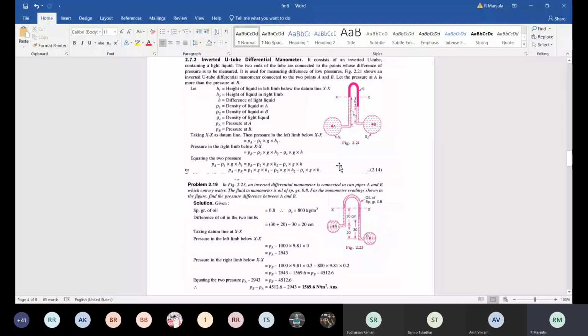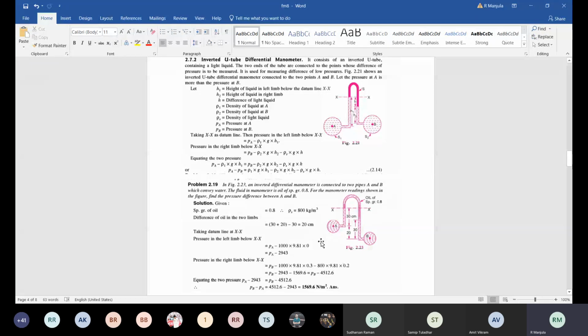Same problem, if the values are given, you can see 30 centimeter in the left limb, and 20 centimeter on the other side; up to the mercury level is 30 centimeter, and the difference between A and B is given as 20 centimeter. Now, if you write the pressure equation, the liquid given is water, so specific gravity is 1, and hence 1 into 9.81 into 1000 g multiplied by the height on the left limb, 30 centimeter, which is 0.3 meter. So PA minus 1000 into 9.81 into 0.3 is the pressure on the left limb.